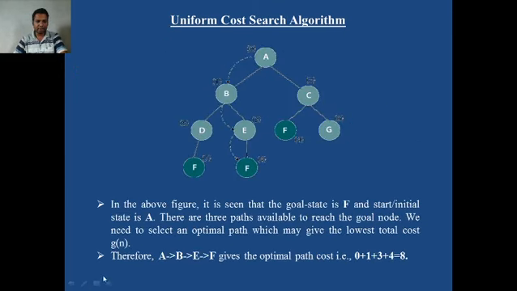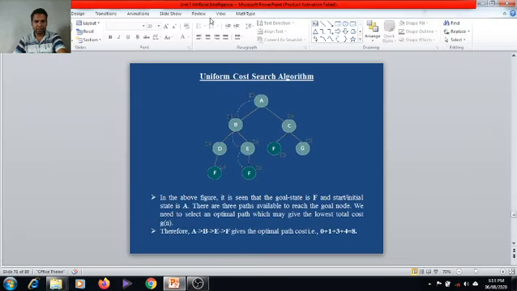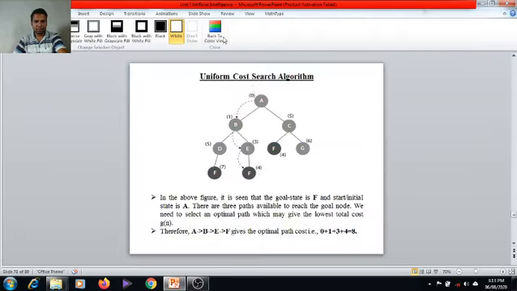For example, this is a search tree for a particular problem. The search tree tells you that there are 2 successors to node A. Which are those 2 successors?